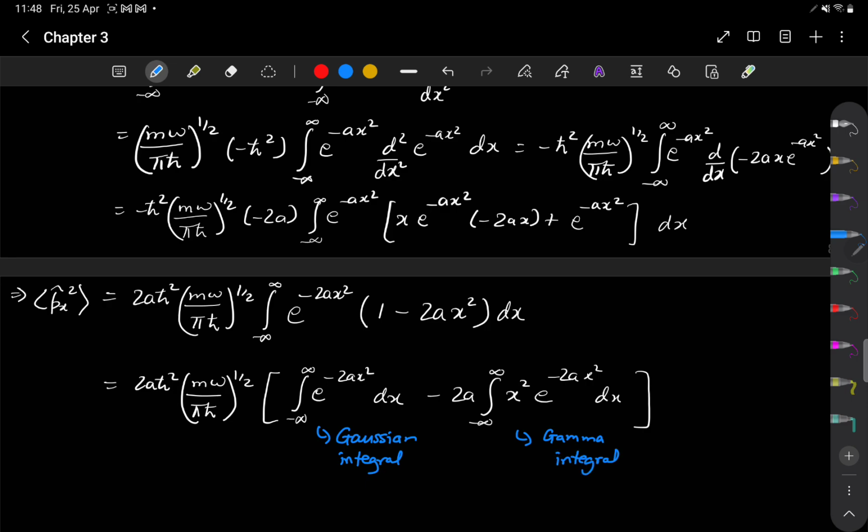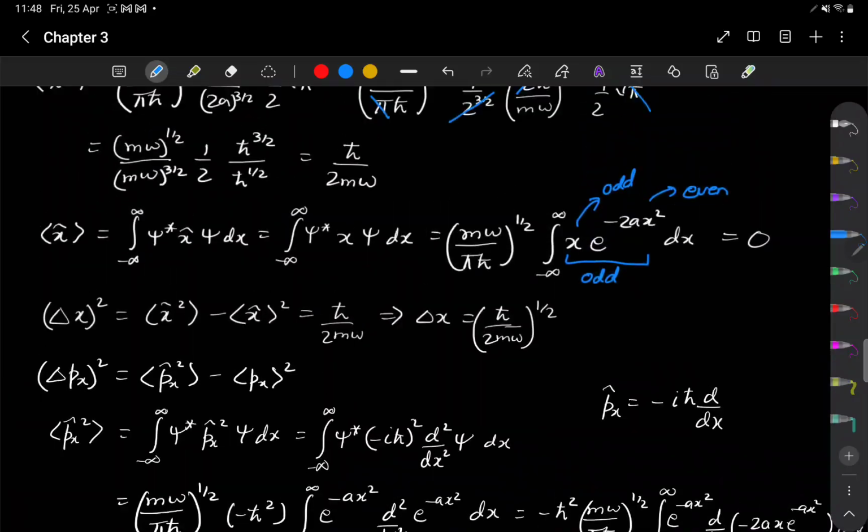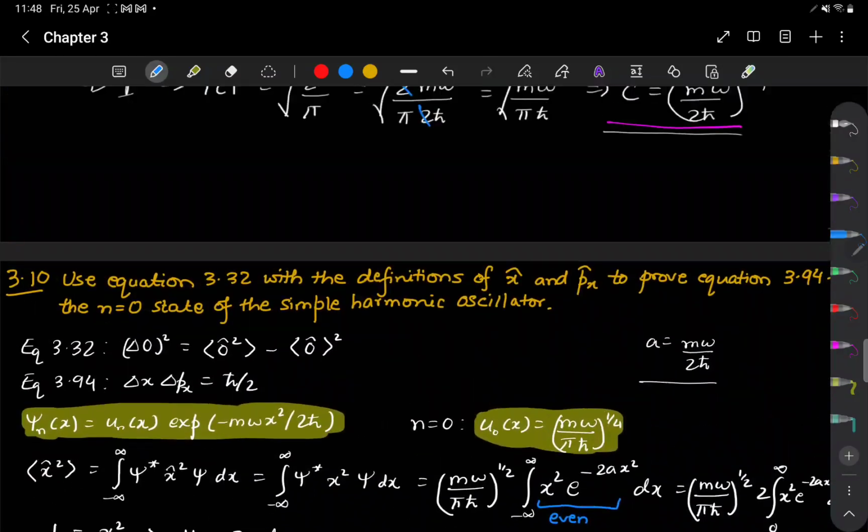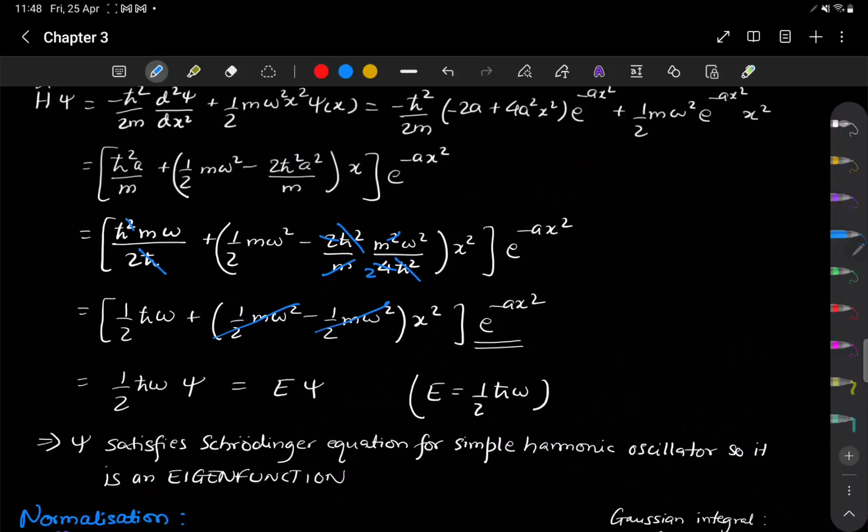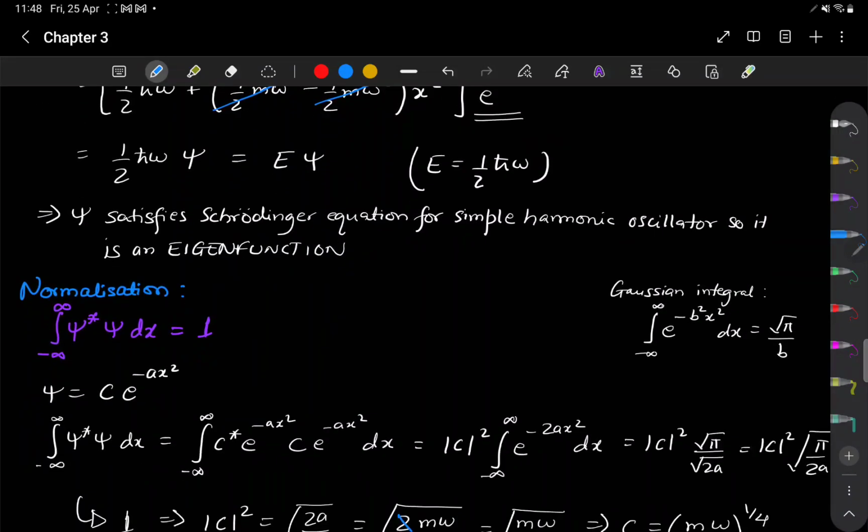Now let us just recap what these were. Yeah, I had written down the Gaussian integral over here.